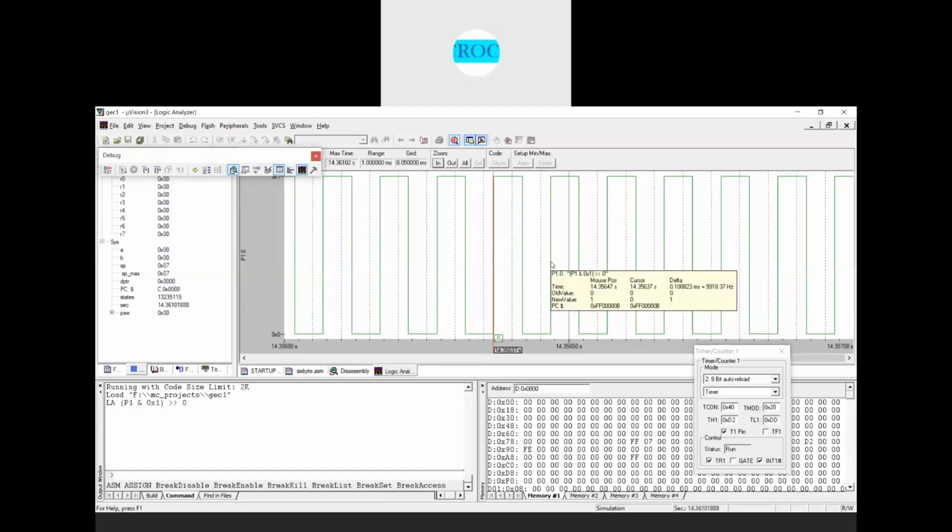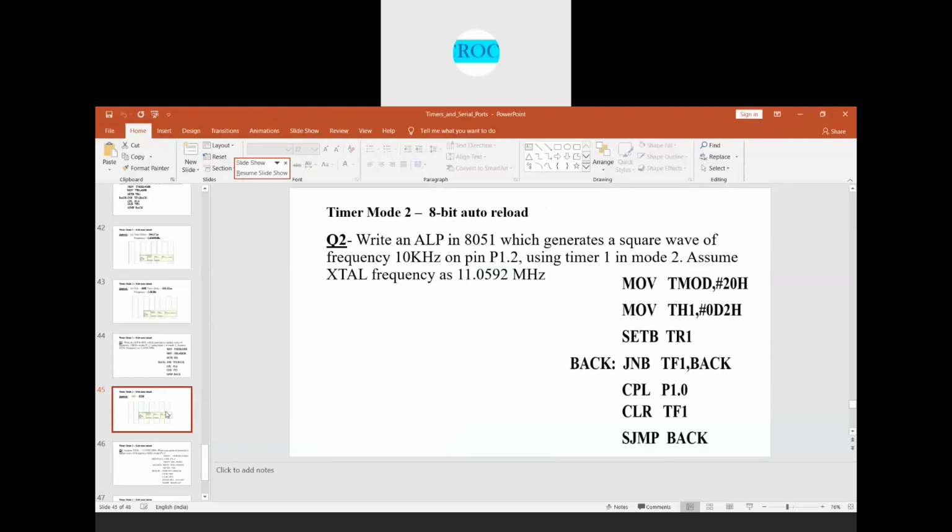So what we get now is 9.918 kilohertz, a 10 kilohertz frequency, which we have generated with initial count value of D2 now, right? We have these frequencies. We wrote the program with the initial count value we got, right?